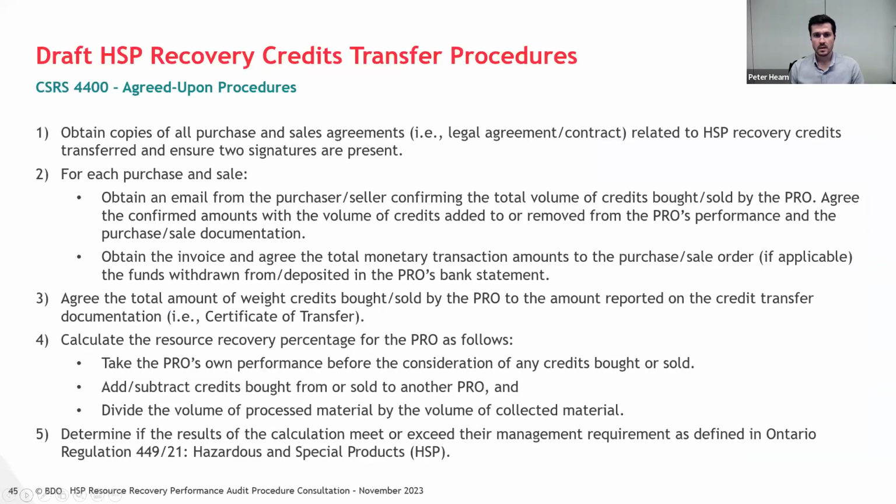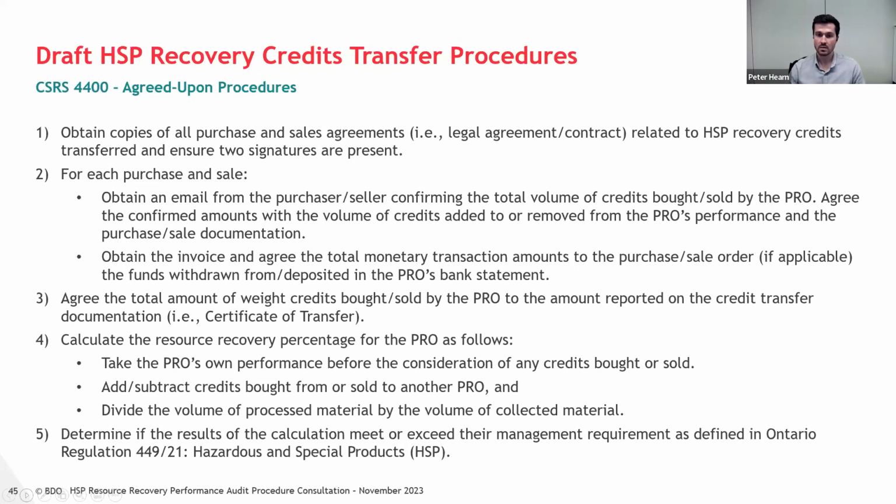So these are the suggested audit procedures. Simply, it will be obtaining copies of the agreements, confirming both parties, confirming the volumes, the amount of credits that are sold, obtaining invoices and evidence of money transfer taking place in the PRO's bank statement, agreeing the total weight of the credits to the amount reported on the credit documentation, and then calculating the resource recovery percentage for that PRO.